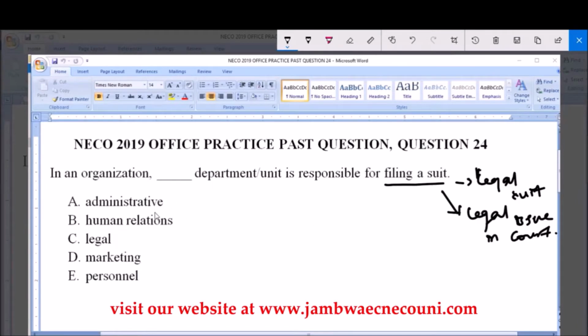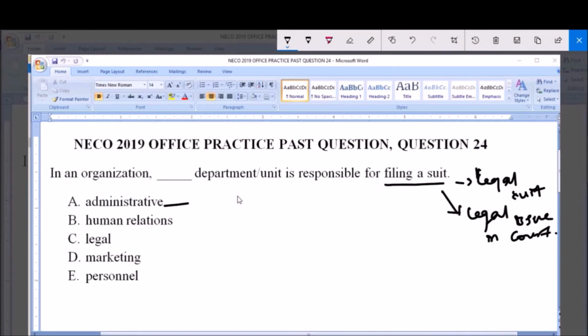Now A here says administrative. Administrative department is the department responsible for coordinating all other departments in the organization.